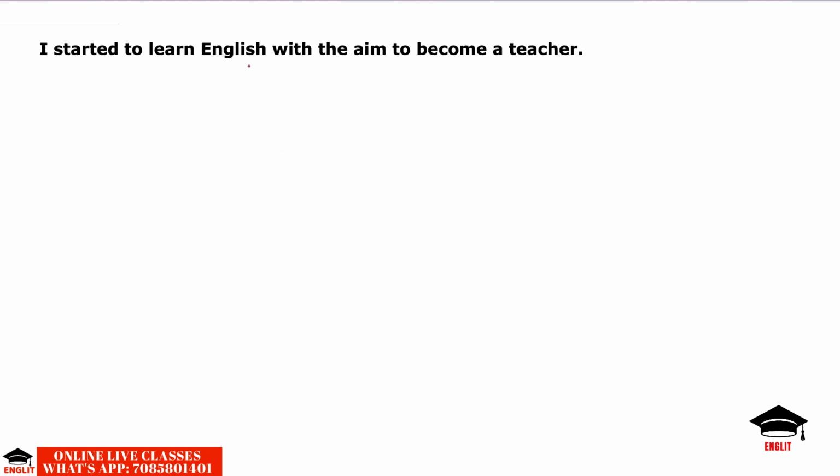I started to learn English with the aim to become a teacher. To become, or this infinitive is the wrong expression here. It should be replaced with of becoming, means of plus ing form. Infinitive is used for showing some aim, and here we have used aim already.